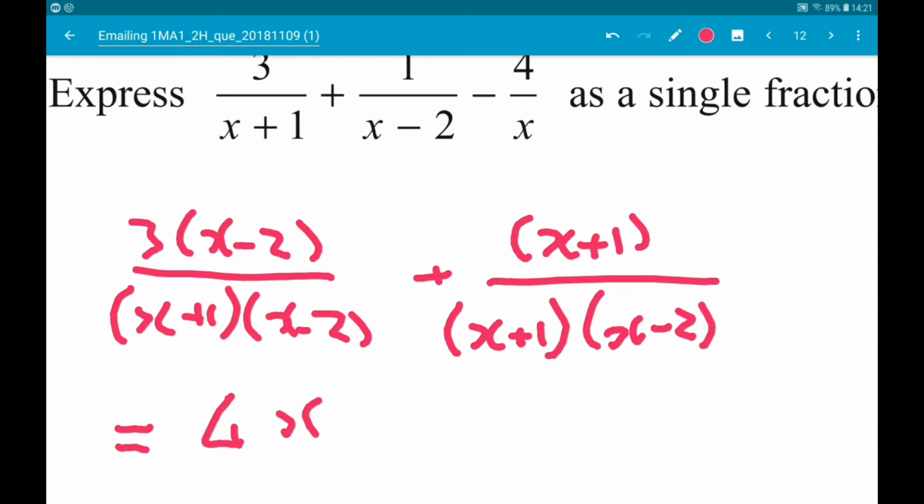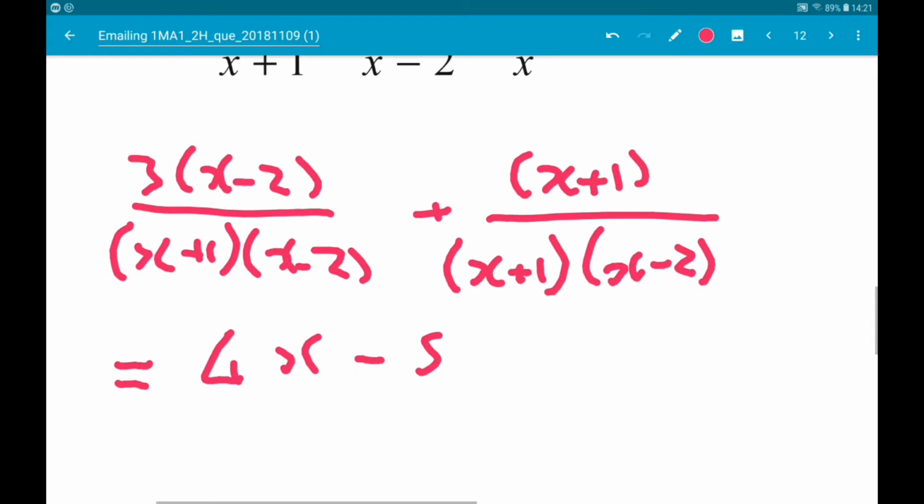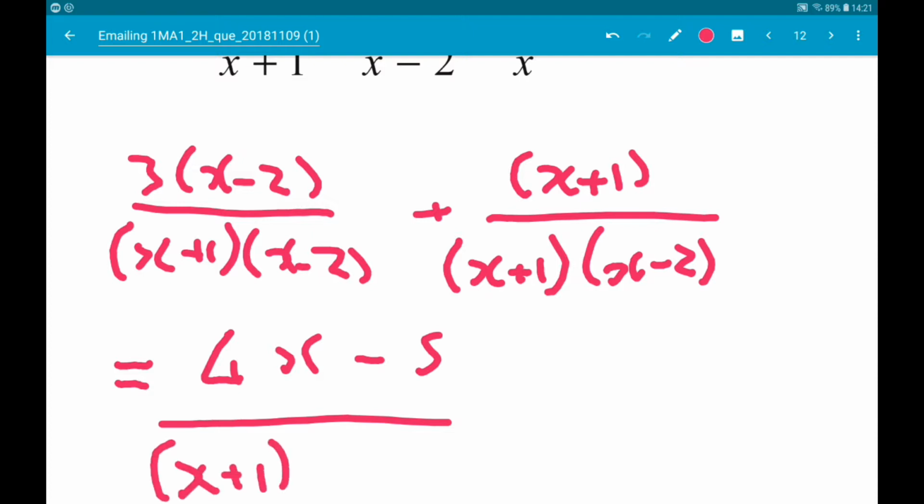And then we have minus 6 add 1, so that's minus 5. And that is all over x add 1 times x minus 2. So that is the first two fractions combined.